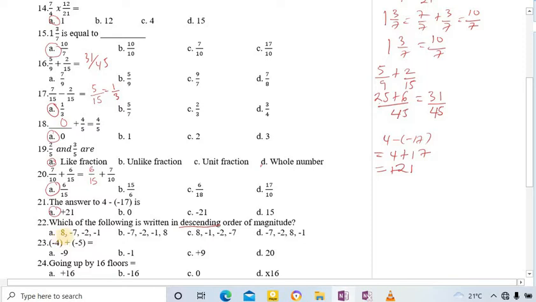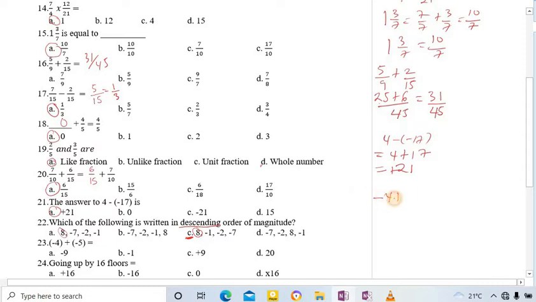The biggest number amongst all of this is, of course, 8. But the next bigger number is not negative 7, because negative 7 is actually the smallest number in all of this. So 8, negative 1, negative 2, then negative 7. So your answer should be C. Is that okay? Alright, so let's see number 23.